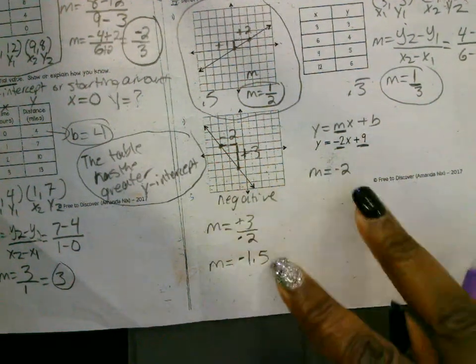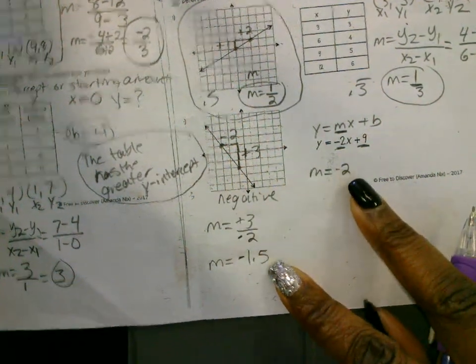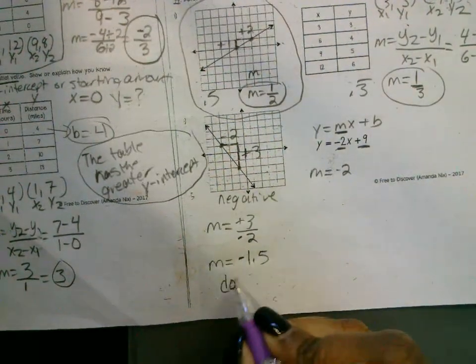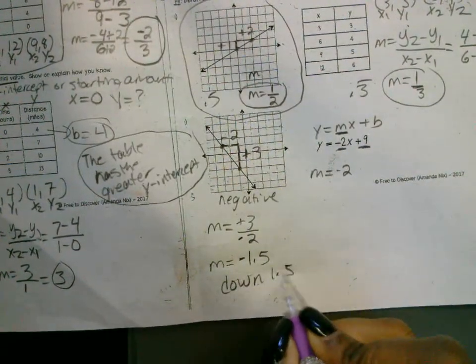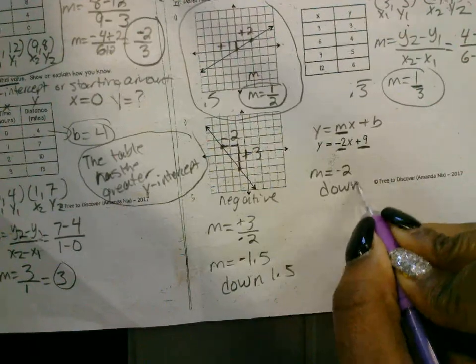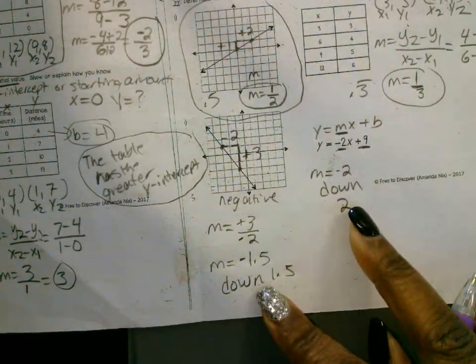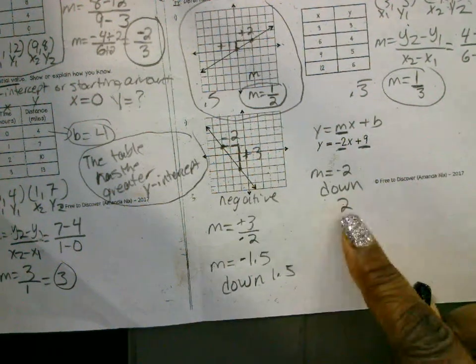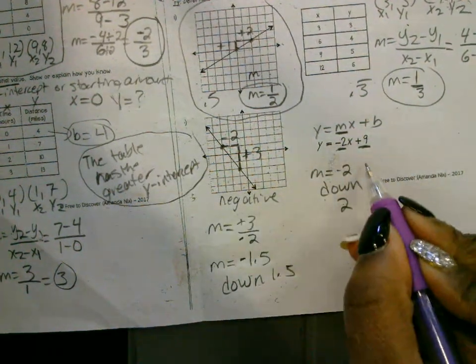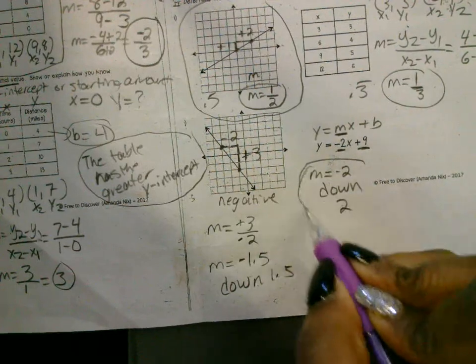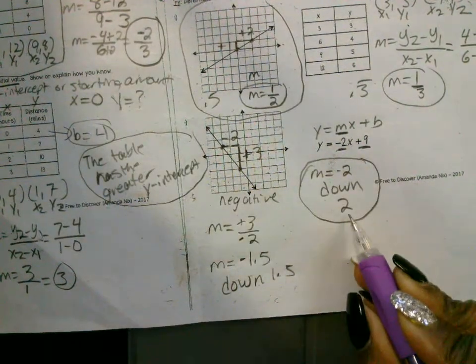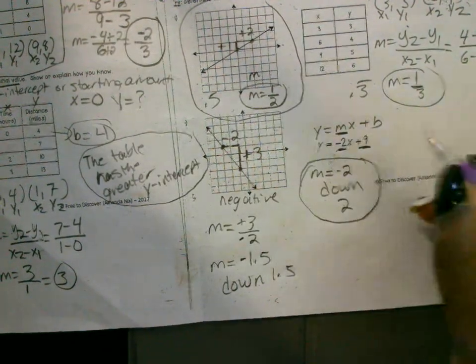Which one of these slopes is going the fastest? This is going down 1.5, but this is going down by 2. Which one of these is going faster? The 2. 2 is going down faster. So the equation has the greater rate of change.